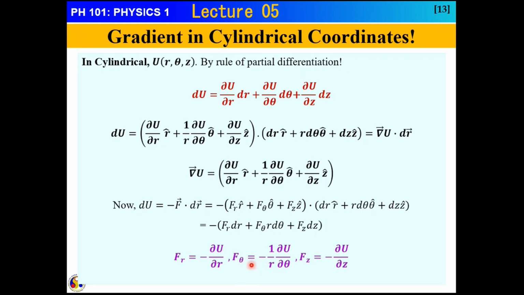F theta is the rate of change if we move theta by del theta, but theta does not have length, and that length will be r d theta. So that's why r is coming here. Fz will be del u by del z. So these are the components.